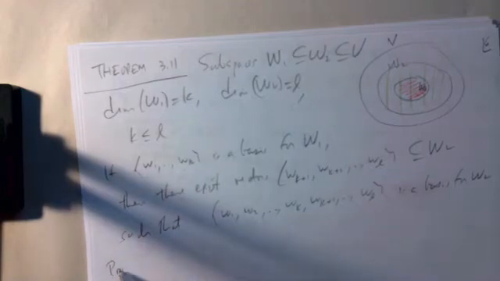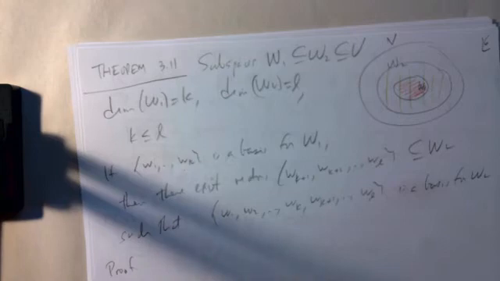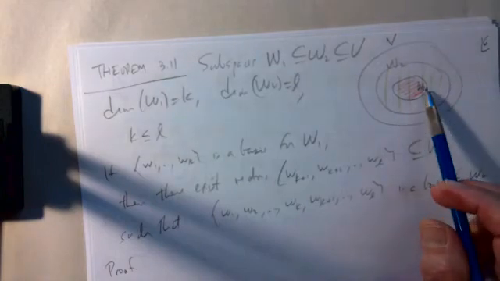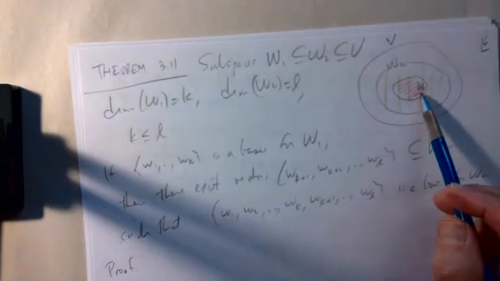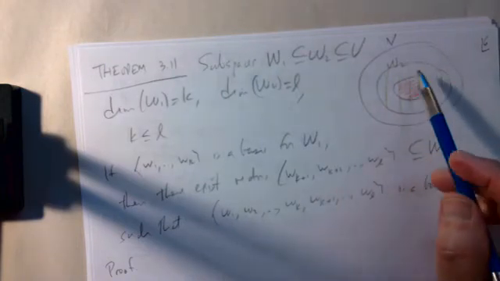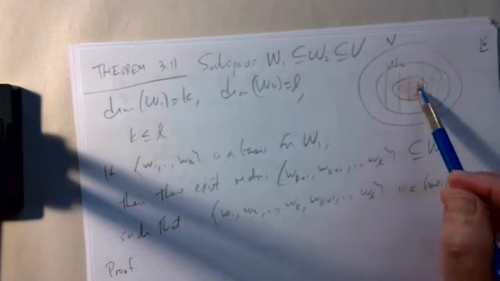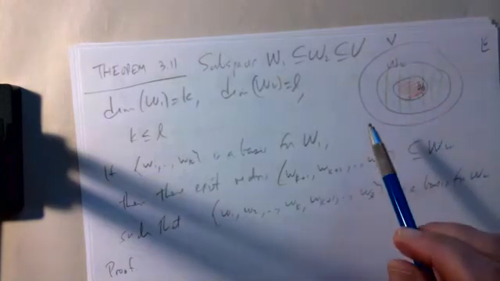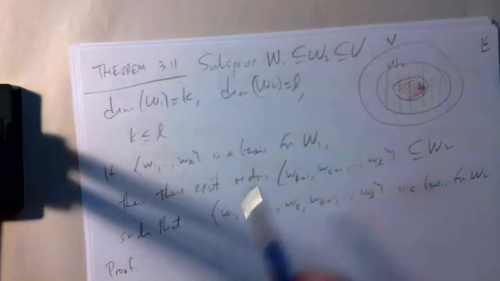And the proof uses the same idea we used a moment ago. So I have w1 up to wk, linearly independent vectors in W1. Suppose I can pick additional vectors in W2 that aren't in W1 to get a bigger linearly independent set.